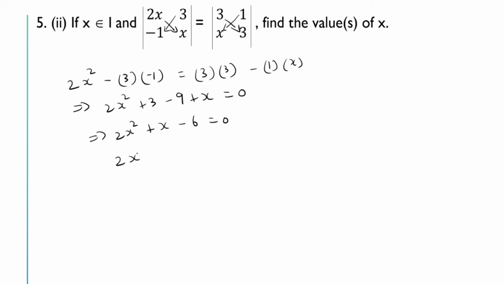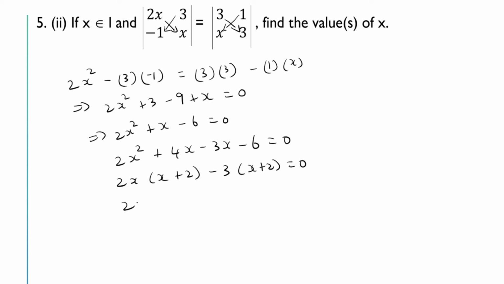So here this is a quadratic equation in x. We can solve this equation. So this is 2x square plus 4x minus 3x minus 6 is equal to 0, or we get 2x into x plus 2 minus 3 into x plus 2 equal to 0, or 2x minus 3 into x plus 2 equal to 0.